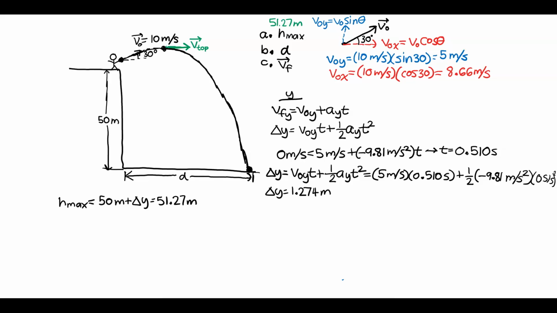All right, so we want to find how long it takes for us to reach this point, because if we find out how long it takes for us to reach this point, then we can use the x equation. Delta x equals vxt, because vx is constant, so we can use this x equation in order to find the distance d. So how long does it take? Now we're going to have to use y again, because we want to find how long it takes for the ball to go from here to here.